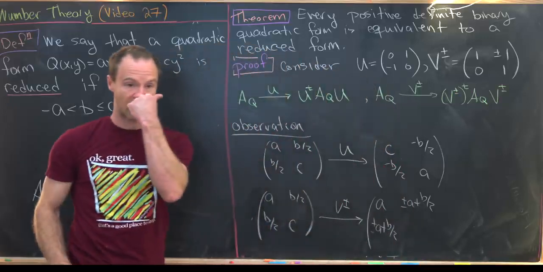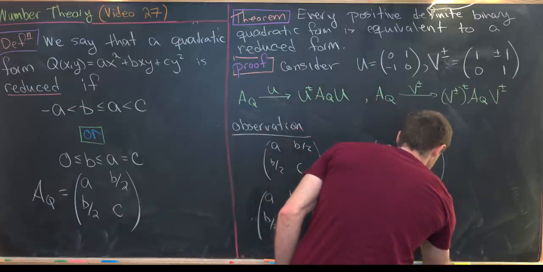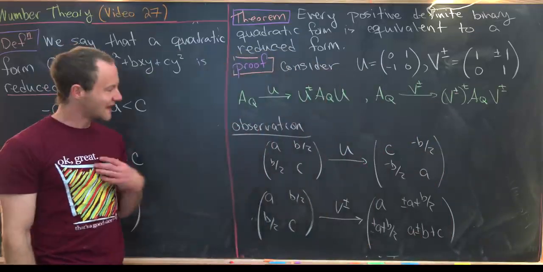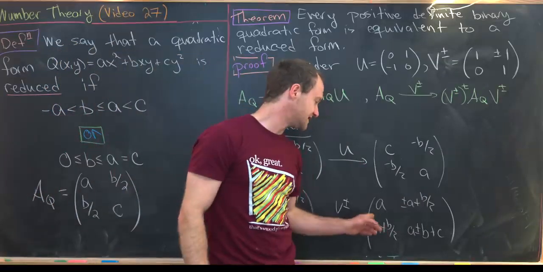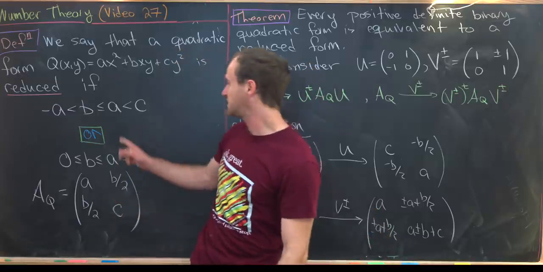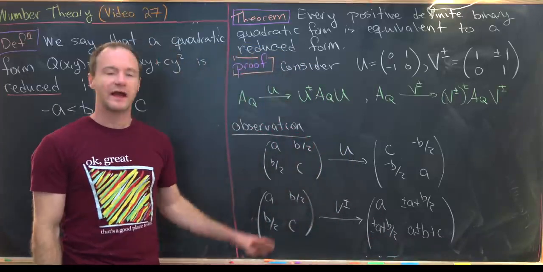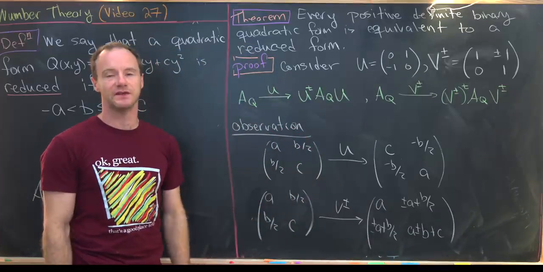So that's going to be the off diagonal terms. And then A plus minus B plus C. That's actually quite helpful because that will allow us to move these things on the off diagonal until B is in the correct range. Okay, now that we've made those observations, we're ready to dive into the meat of this proof.